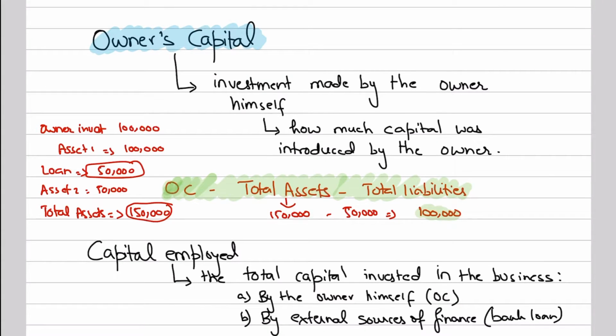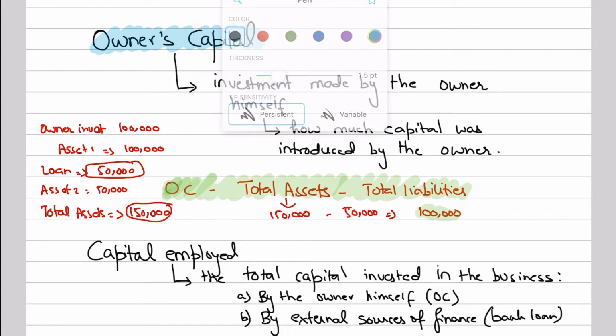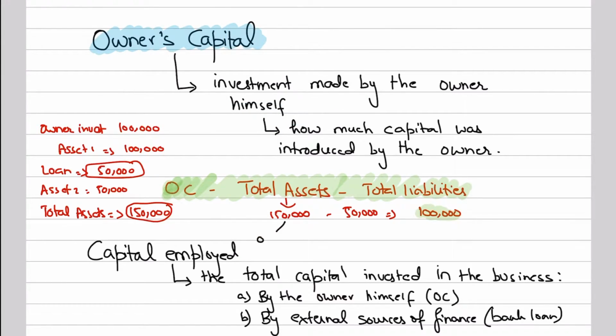Now why have we deducted 50,000 from 150,000? The simple reason is that 150,000 represented the total assets. Okay, and these total assets were financed from two sources, right? They were financed from the money that the owner has invested, plus they were financed by an external source, that is a bank loan. Okay, so now out of that 150,000 we want to see how much of the assets are actually financed by the owner himself.